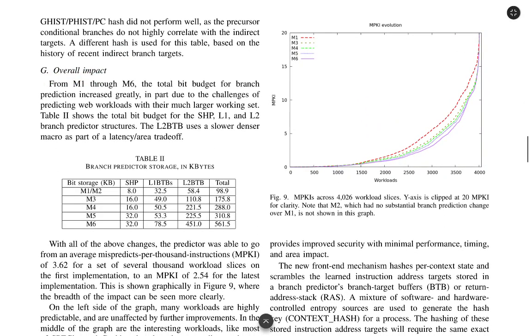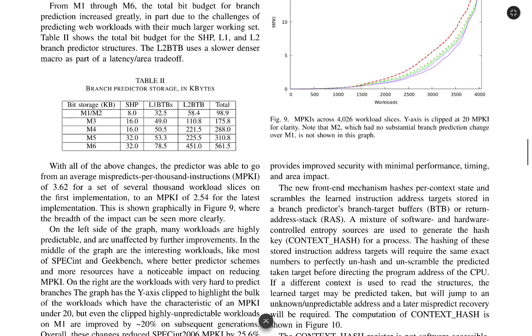G, overall impact. From M1 and M3 to M6, the total bit budget for branch prediction increased greatly, in part due to the challenges of predicting web workloads with their much larger working sets. Table 2 shows the total bit budget for the SHP, L1, and L2 branch predictor structures. The L2 BTB uses a slower, denser macro as part of the latency area trade-off.